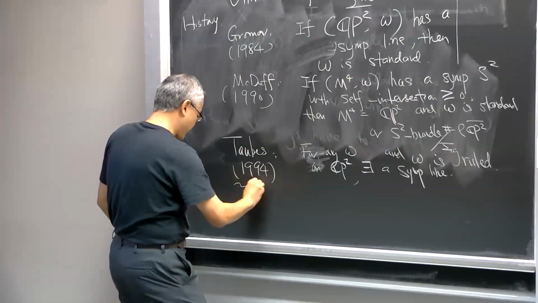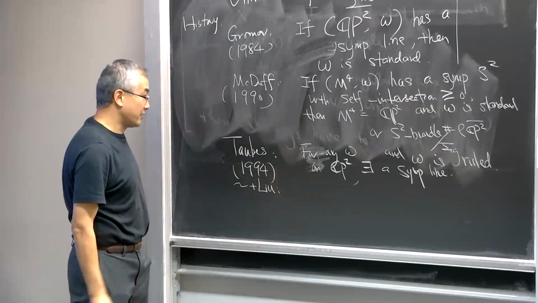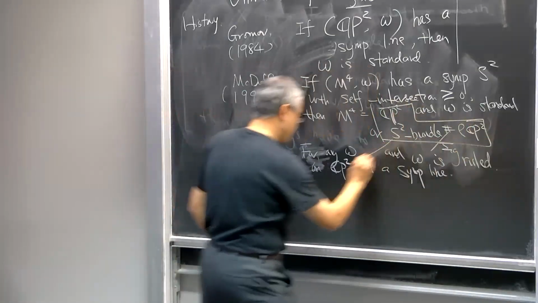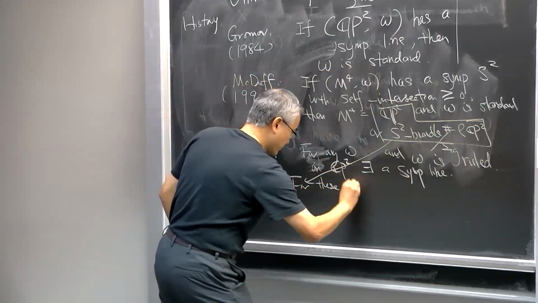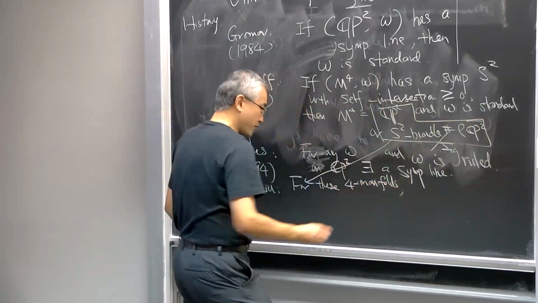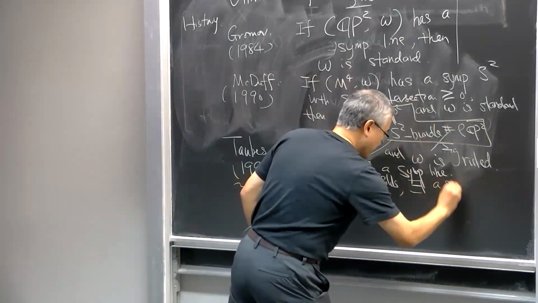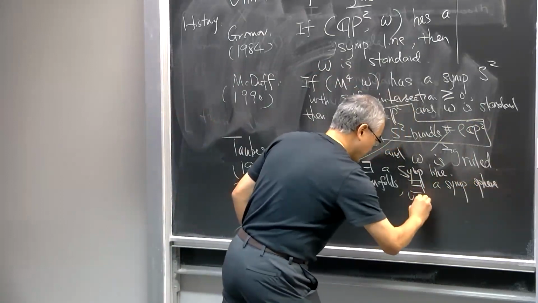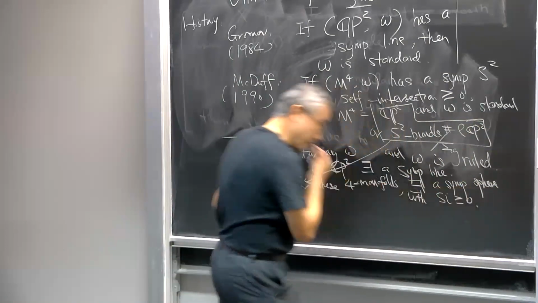And then myself and Aiko Liu showed that for these two classes of four-manifolds, there always exists such a symmetry.